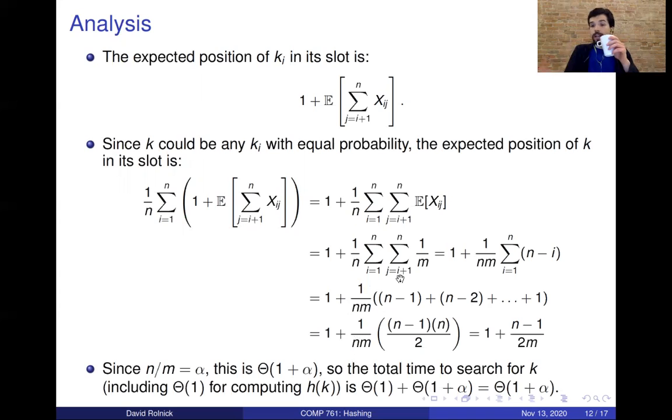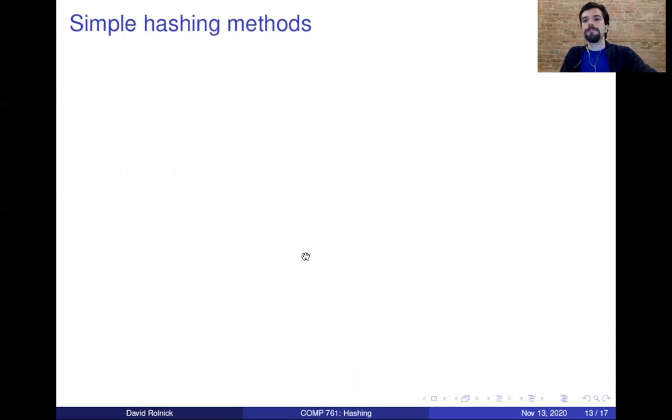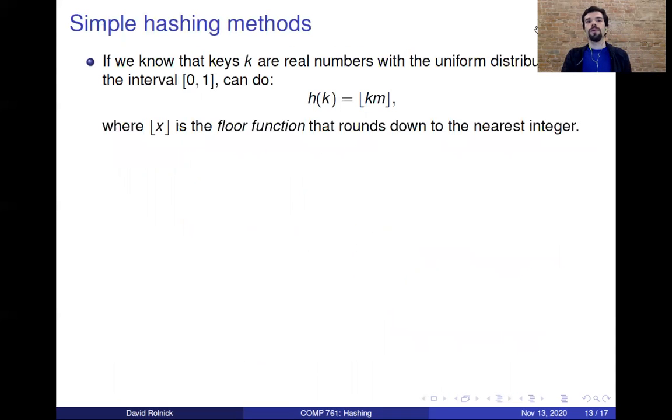But now let's take a look at that assumption in a little bit more detail. But first, let's see a couple of different ways to do the hashing. If we know that the keys k are real numbers with the uniform distribution, say on the interval 0, 1, though other intervals would be similar, we could just use the hash function floor of km, where the floor function is just rounding down to the nearest integer.